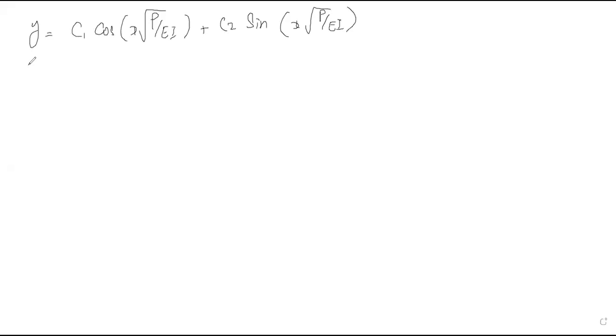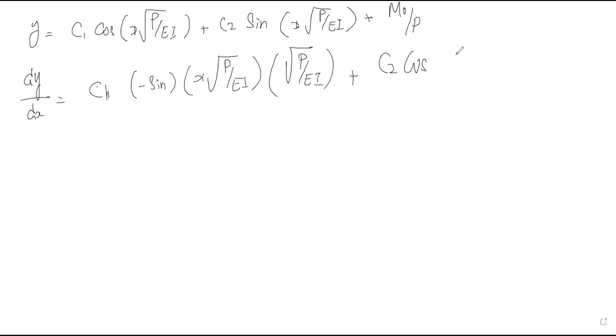Now I am going to find dy by dx. By differentiating with respect to x, C1 into minus sin x into root under P by EI into root under P by EI, plus C2 cos x into root under P by EI into root under P by EI. Here the constant term becomes 0 without x.